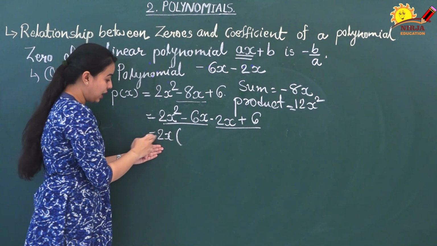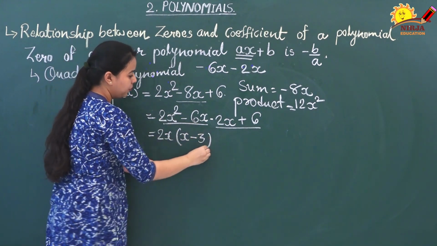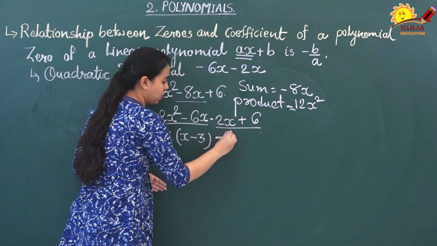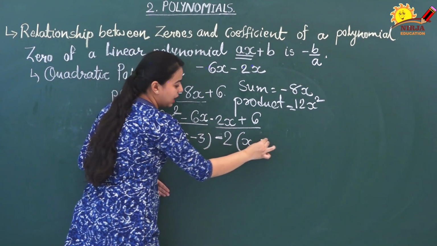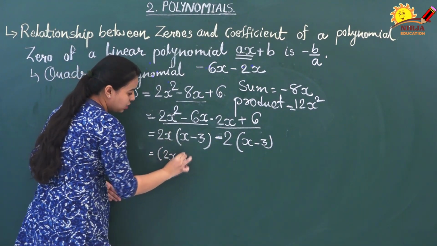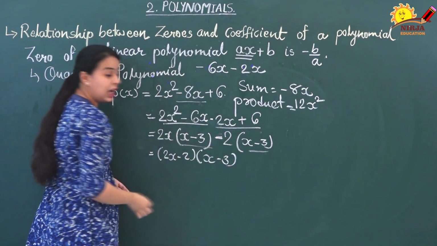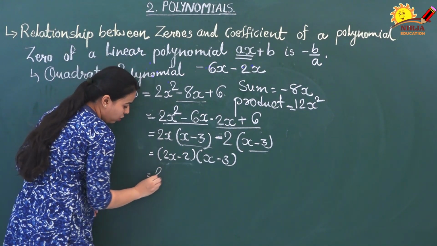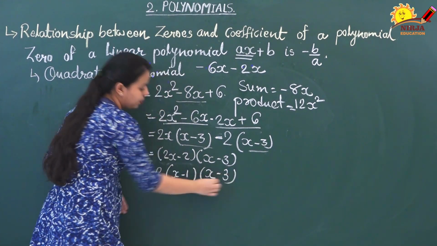If I have taken 2x common, what is left over here? x minus 3. From here also we can take minus 2 as common. If I take minus 2, what will be left? x minus 3. So we can further write 2x minus 2 and x minus 3. Again I am going to take 2 as common from the first term. What will be left? x minus 1 and x minus 3.